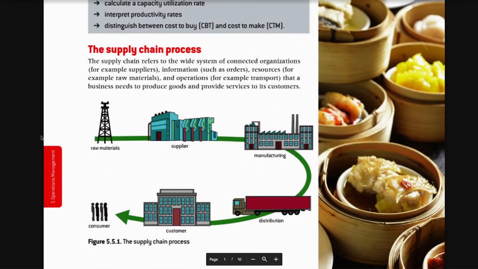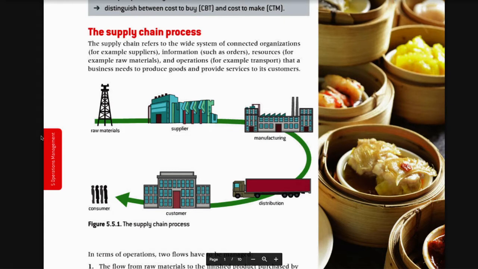All right, supply chain process. I think I mentioned this in one of the earlier lectures in the unit, probably 5.1, that your way to fortune, not necessarily fame, is to become a supply chain expert, which is how do you get the raw materials from supplier to manufacturing to distribution to customer to consumer, the final consumer of that particular product.